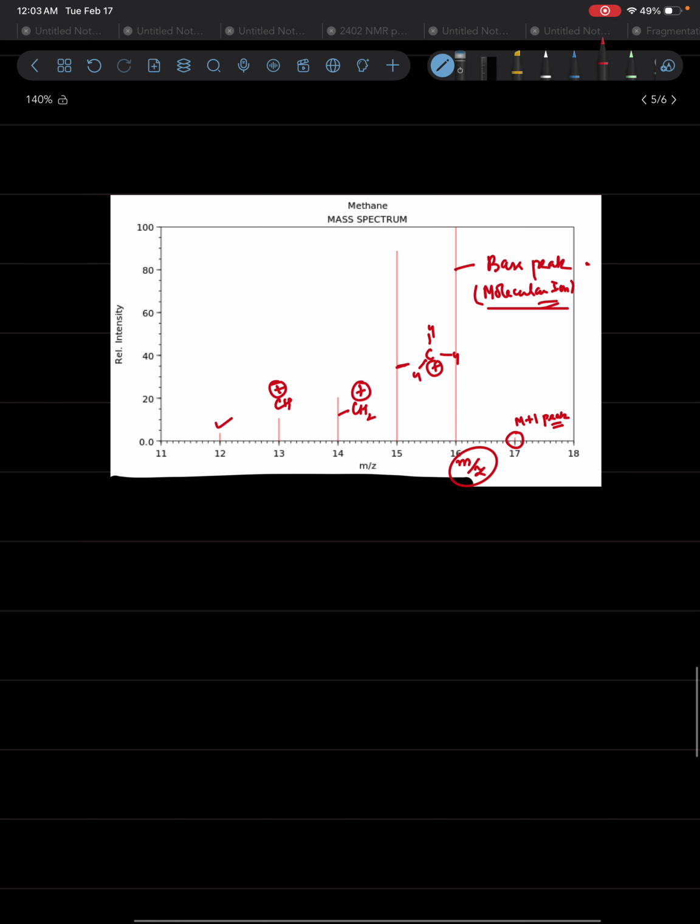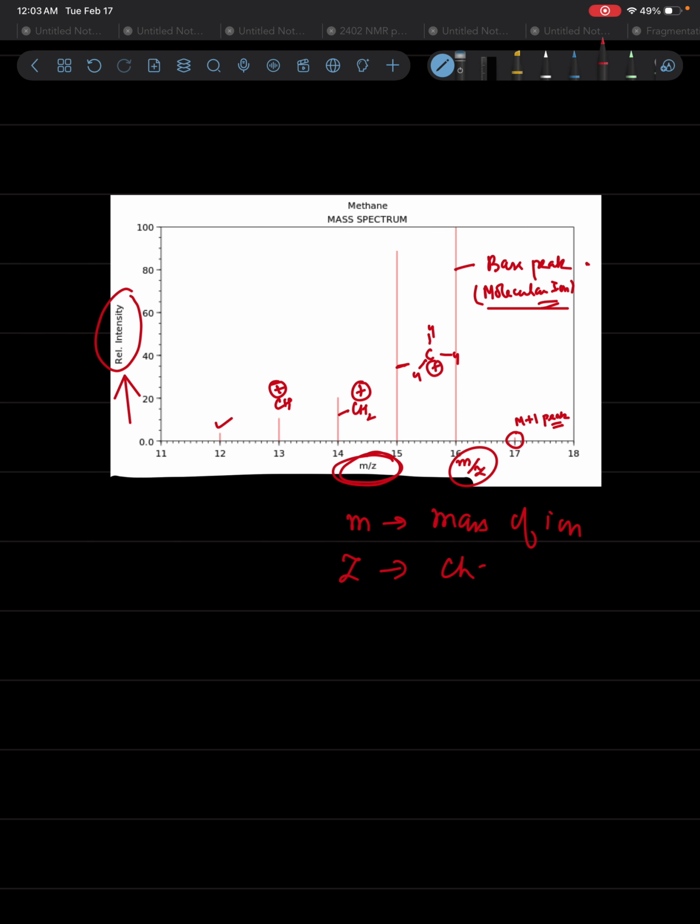On the y-axis, the vertical axis, we have the relative intensity or relative abundance. And on the horizontal axis, we have the M by Z ratio, where M represents the mass of that ion and Z represents the charge of the ion. Most of the time, the charge is 1, so the M by Z ratio essentially represents the mass of the charged species or ions.